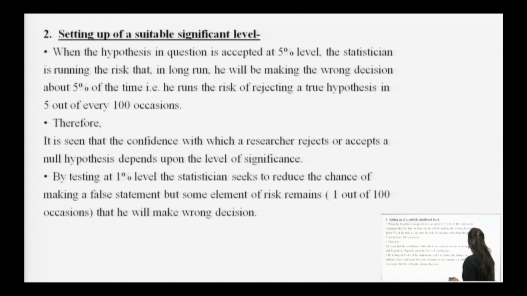So, if he is taking only the risk of 1%, that means out of 100 times, 99% of the time it is true, but 1% of the time there is a chance that he might take a wrong decision, and that 99% is the time when the researcher is making a right decision.